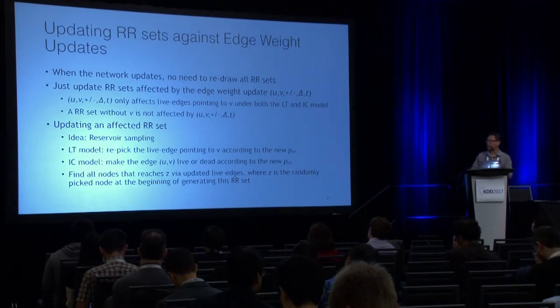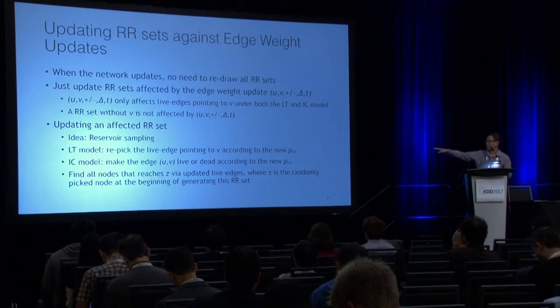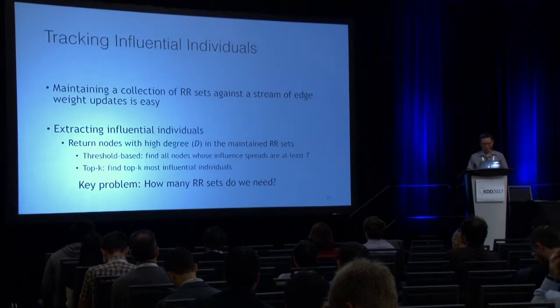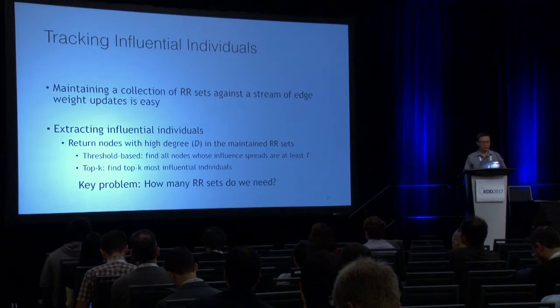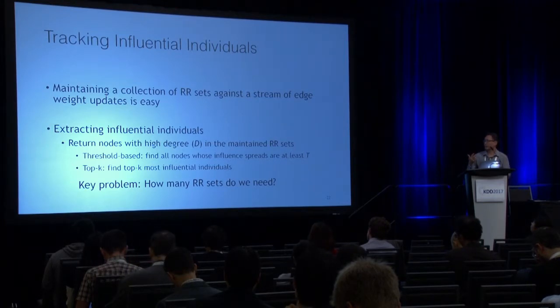For the IC model, because you change the weight, you make the edge (u, v) live or dead according to this new probability, and we find all those nodes reaching z via those live edges. That's all. Okay. And once you have maintained these RR sets, you can calculate the influential nodes as follows. You just return all the nodes with high degree in the maintained RR sets. The algorithm is extremely simple.